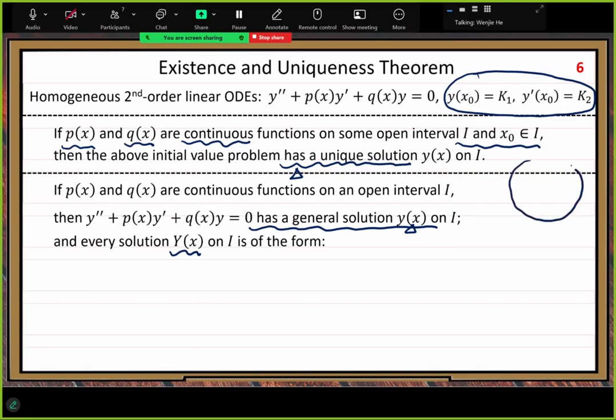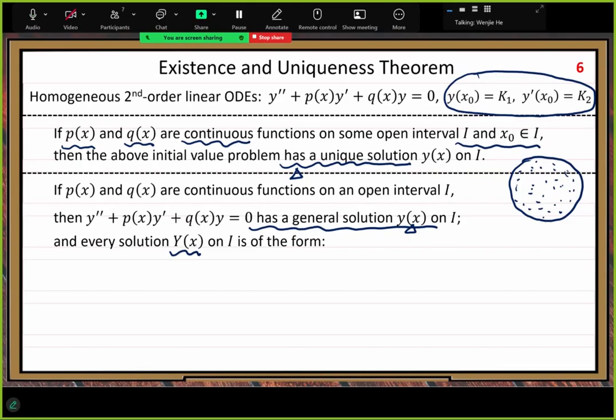Let's imagine all the solutions of this homogeneous second order linear ODE, we represent them with this big circle.